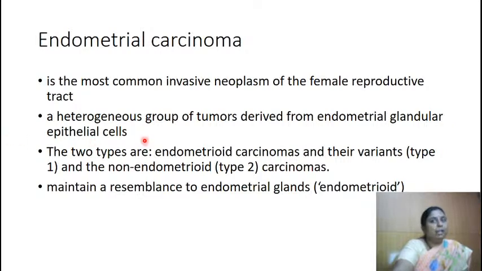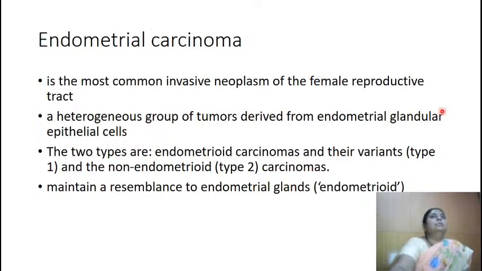If you remember, endometrium is made up of your surface epithelium, glandular epithelium, and your endometrial stroma. So when we are talking about endometrial carcinoma, we mean that these are the tumors which are arising from the endometrial glandular epithelium. Okay, is it clear?